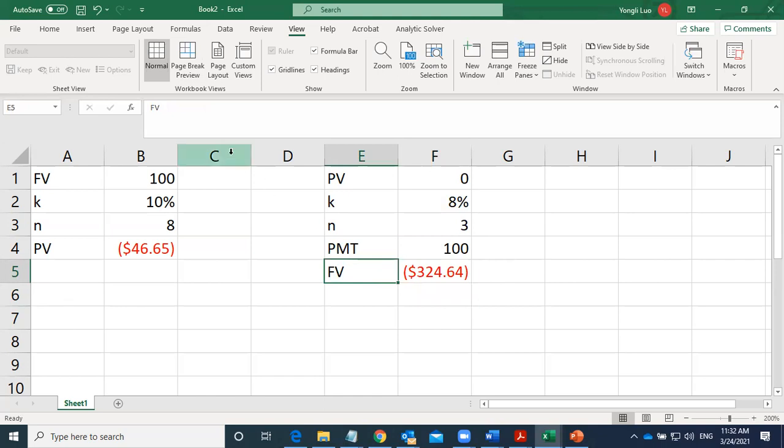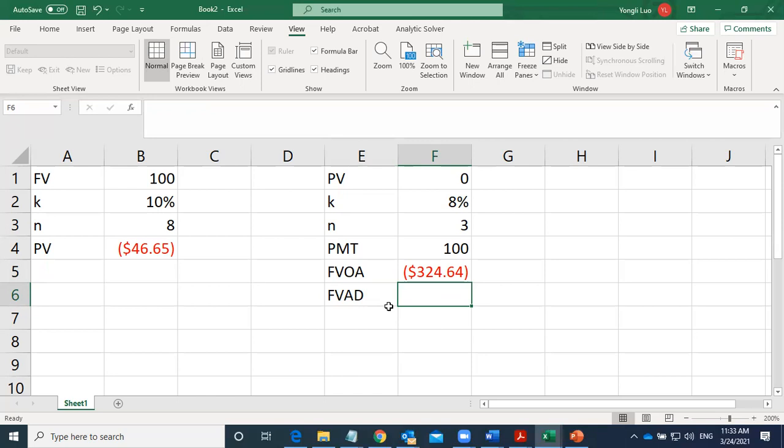To show you the difference, this is the future value of an ordinary annuity, right? And there is another one. What about when the payment is made at the beginning of each time period? This one is called the future value of annuity due, AD.